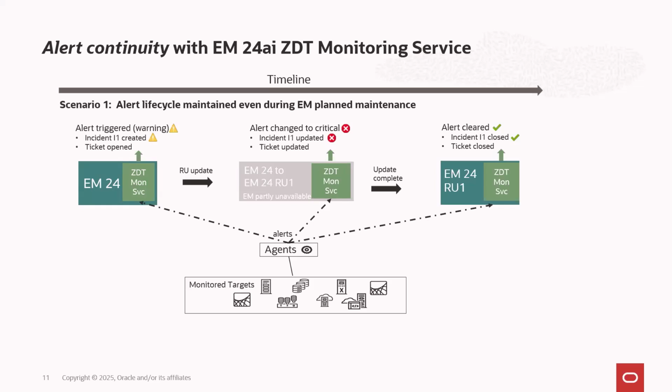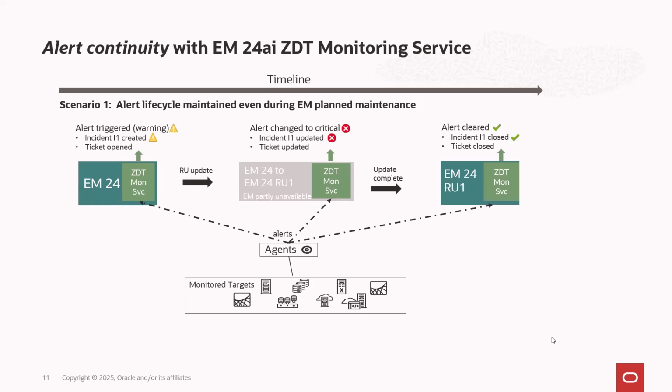So what this illustrates is an example of how we can maintain the life cycle of an alert, even if that involves a period of time when EM is unavailable or under planned maintenance, and see how ZDT monitoring continues to honor and keep that life cycle current throughout the EM updates.